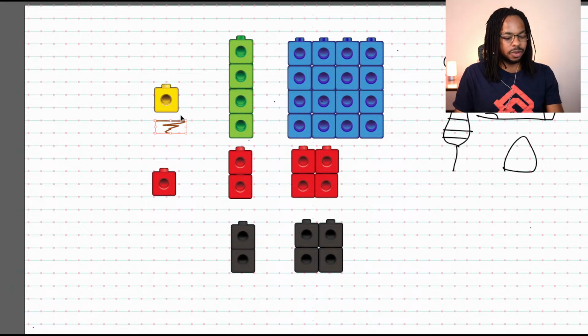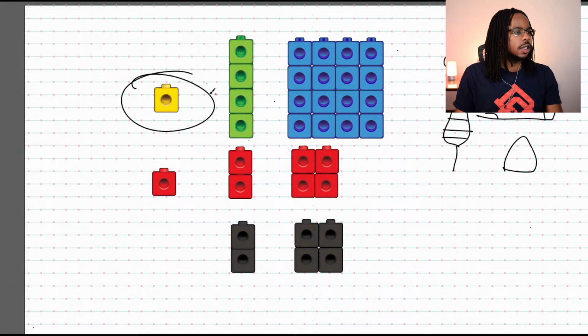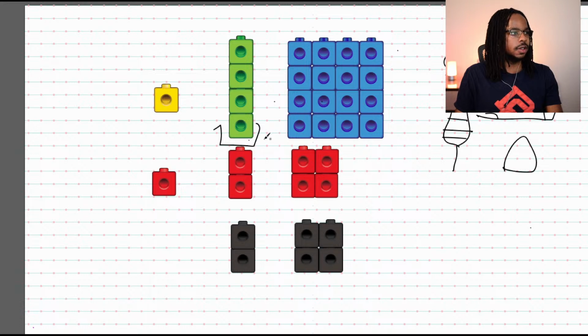As a quick review, what's the name of this piece? Point piece. Very good. What is this piece? That's a line. And what is this? This is the square. Wow, you got it. What's this piece? That's a takeaway point.